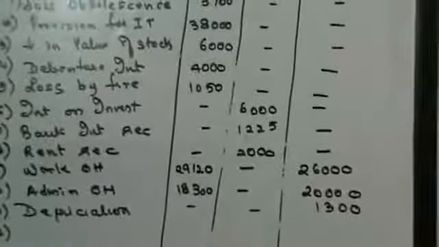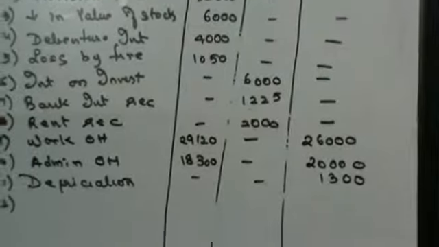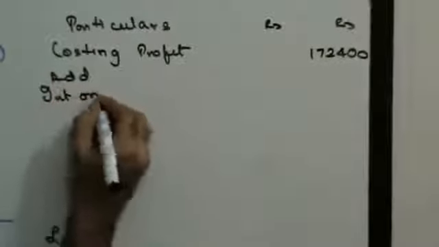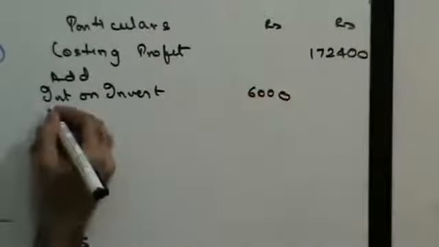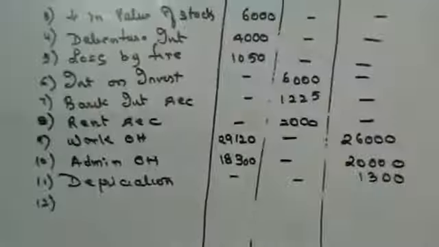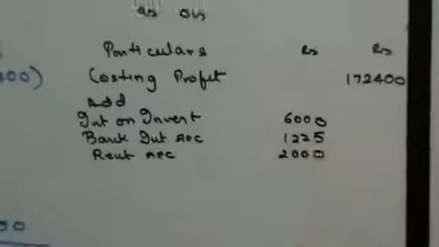Next, interest on investment. It is less in costing, but it is a credit side entry, hence the rule reverses. Less is more. So interest on investment is 6,000. Next, bank interest received is 1,225. Then you have rent received, 2,000. Right?